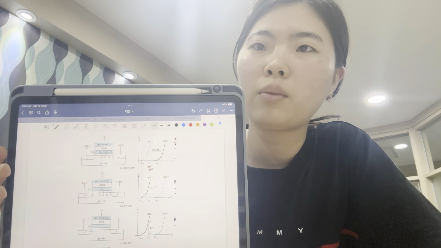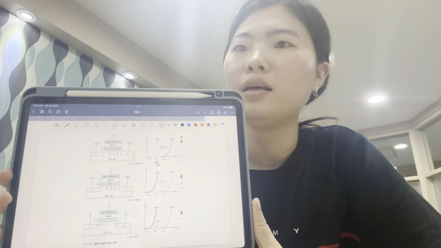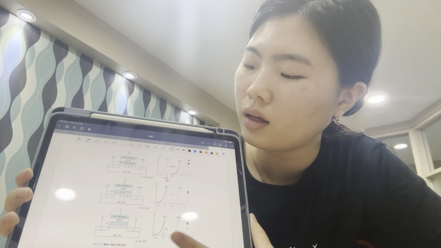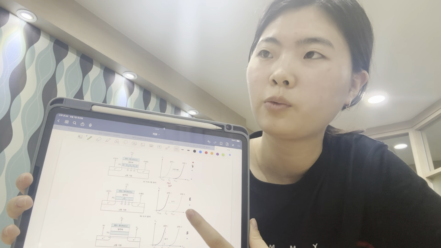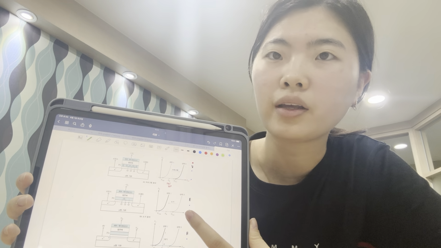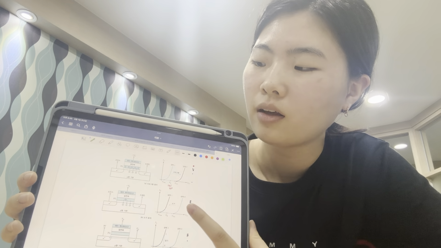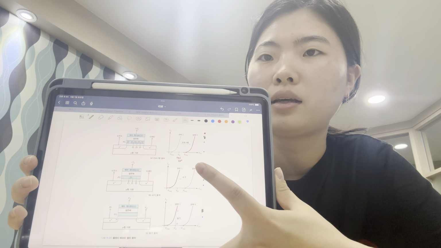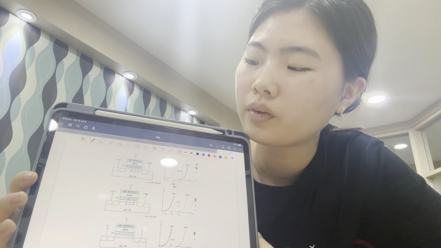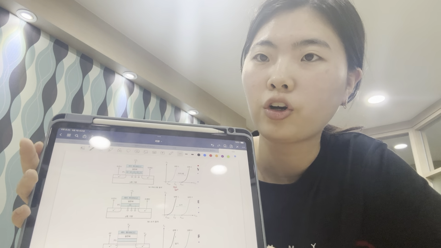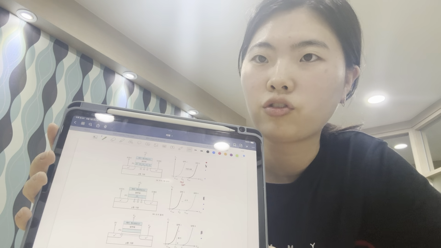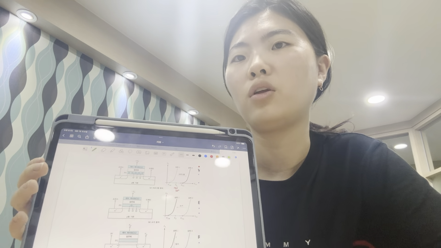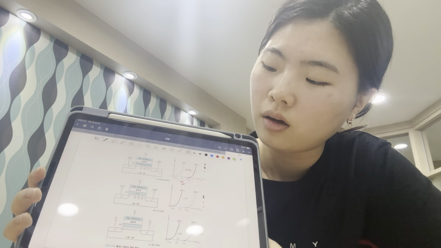Let's talk about the VT of the flash memory. When we want to write data on the device, the VT shift will be like this. When we put charged electrons into the charge trap layer, the VT moves to the right side.